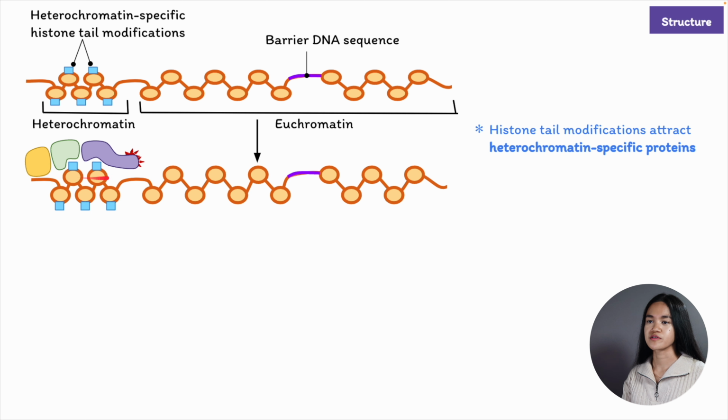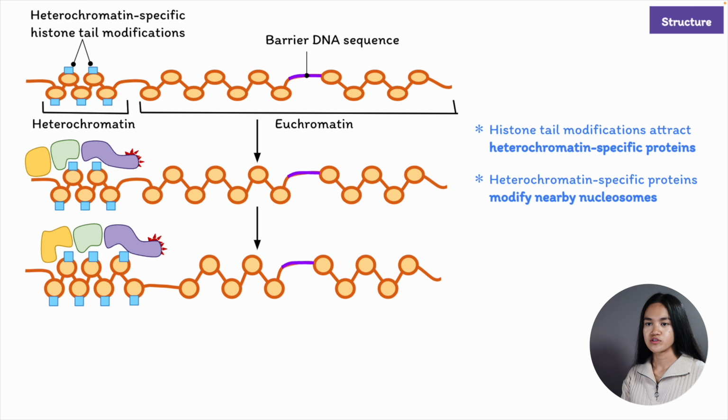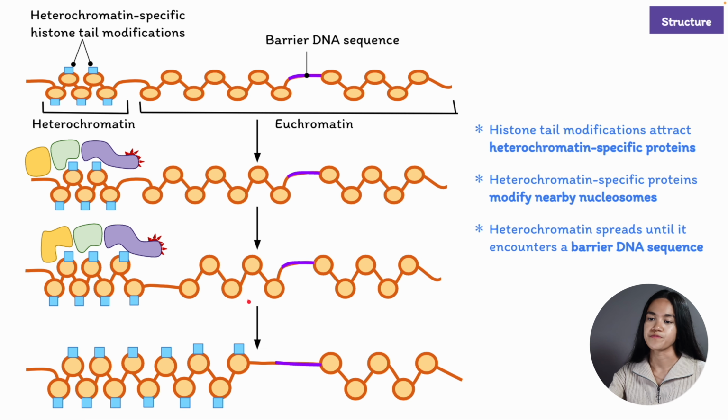So here are the specific proteins that are going to reproduce the same histone modifications on neighboring nucleosomes, nearby histones. And these modifications will continue, and the extended region of heterochromatin will continue to spread until it encounters a barrier DNA sequence that stops the spreading.